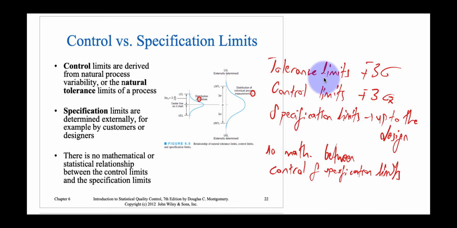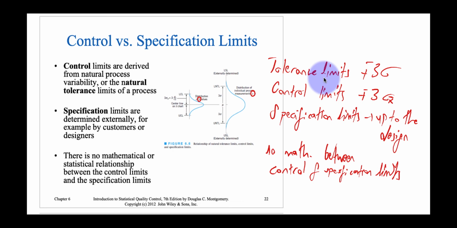When we think about the individuals, this is the natural tolerance limit, but when we take the samples from those individuals, we are talking about the control limits, okay? And specification limits are determined externally. These are not related to control limits anyhow, okay? They are not related to each other. There is no mathematical relation between them, because specification limits are set by the designers or the process owners.